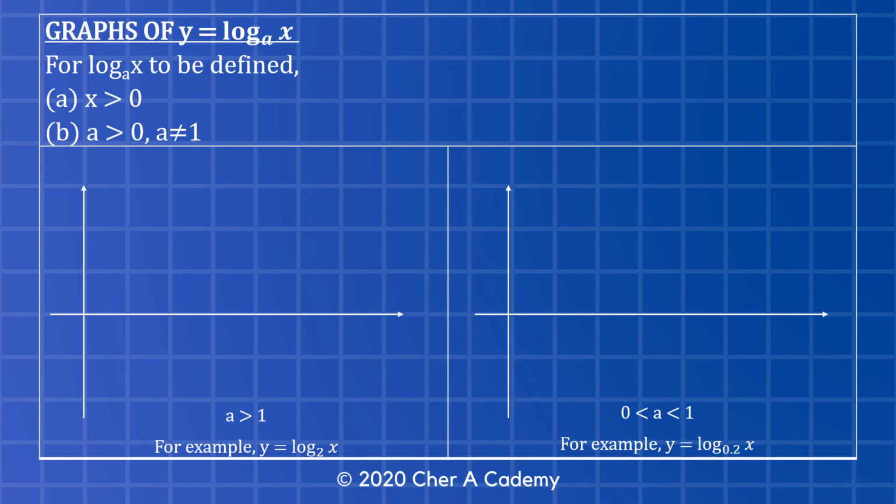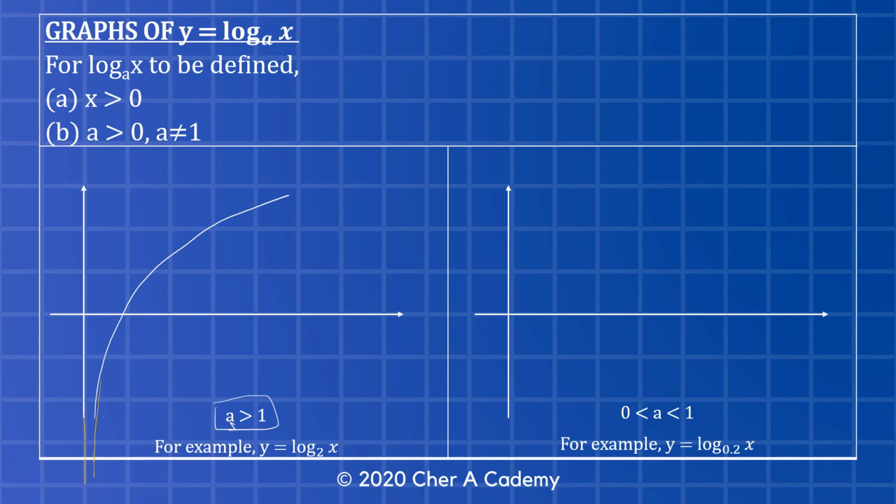So for example, if my y equals log base 2 of x, this is when my a is more than 1. My graph looks like this. I usually start from the bottom, and it goes up like that. It looks almost like a straight line here because this is approaching the y-axis, but we will never hit the y-axis.